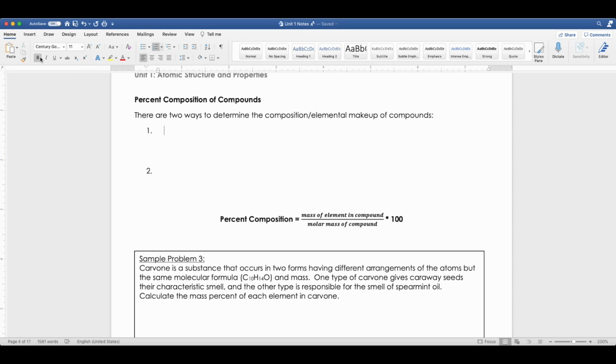So if you get a 90% on a test, that means that you got 90% correct out of the 100% that was available. So we can do the same thing with elements in compounds, and that's what we call determining the percent composition. And there's really two ways to determine the percentage of elements in a compound.